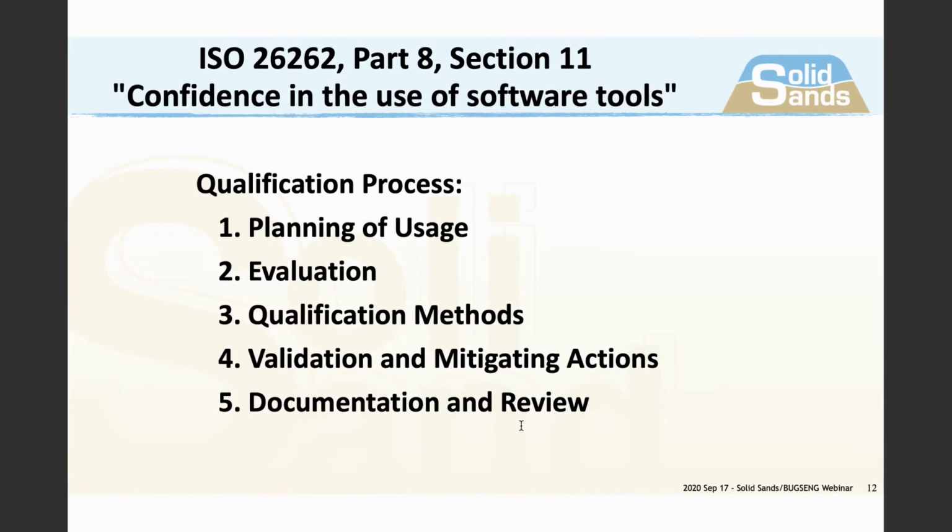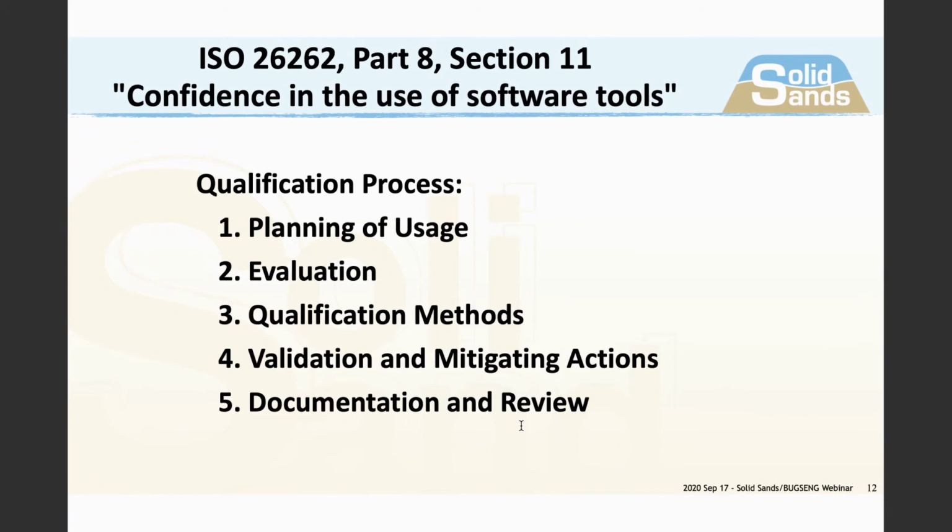And the process is basically, first you have to plan how you're using the compiler. That is part of the documentation of the qualification process. Then the evaluation: do I have to qualify the compiler? How do I qualify the compiler? So that's the next step. Then you have a choice of different qualification methods, although for compilers there's only one choice. That's reasonable.